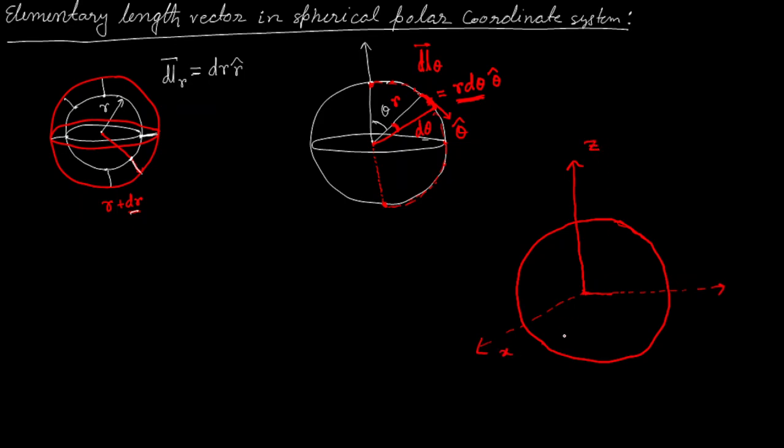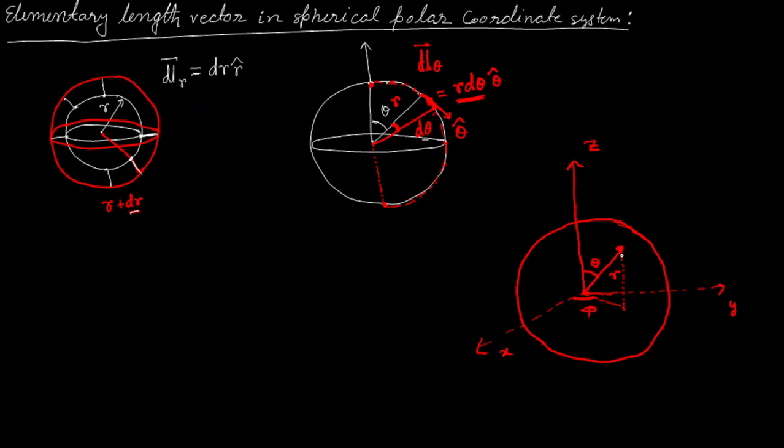Now what I'm doing here, let me just consider a point inside the sphere at a distance r from the center, making an angle theta with the positive z-axis. And if we take the projection of this r on the xy plane, this projection, let's say, makes an angle phi with the positive x-axis. So we can represent this point in spherical polar coordinates by r, theta, phi.